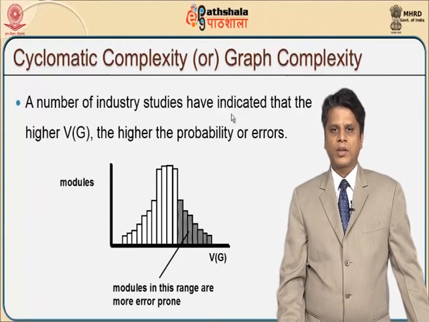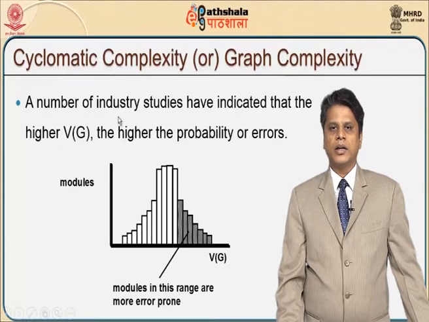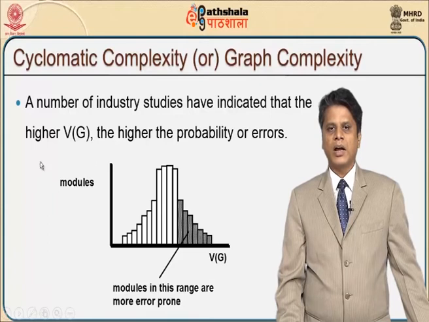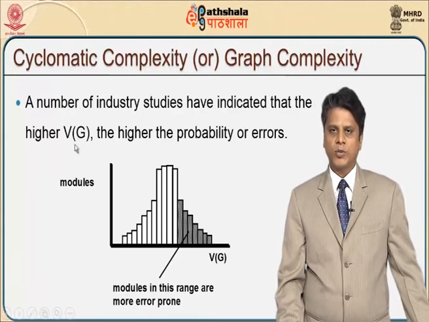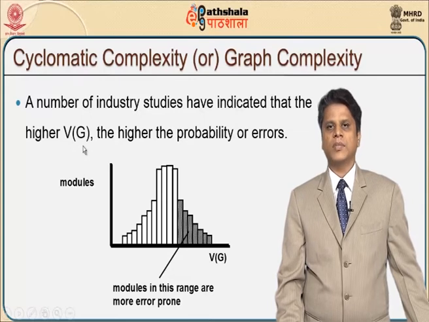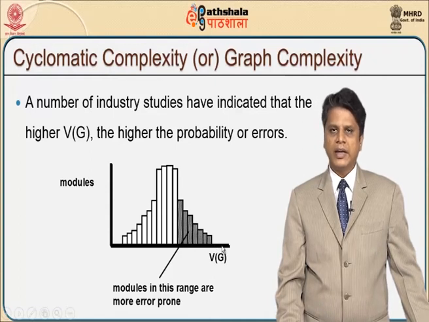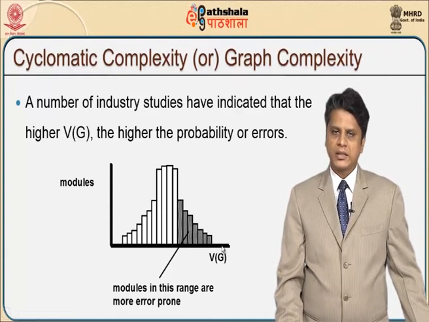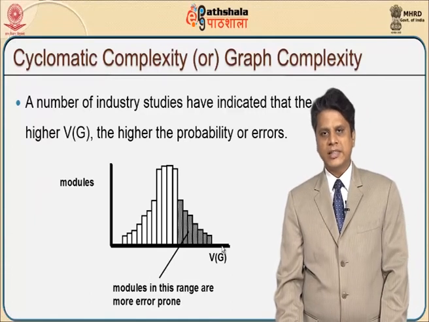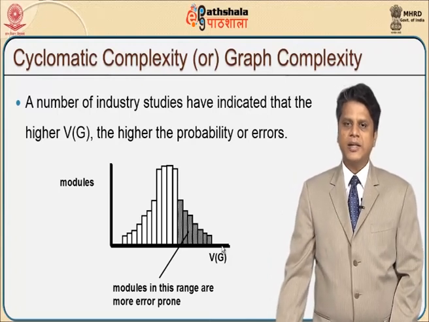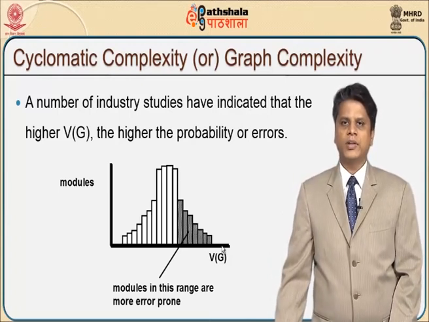The industry study gives us a number which indicates that the higher the cyclomatic complexity value for a particular graph, the higher will be the probability of errors. So, after I get the highest values for some modules, those are the modules where I can expect more errors. So, we understand that the cyclomatic complexity depends on the probability of errors.